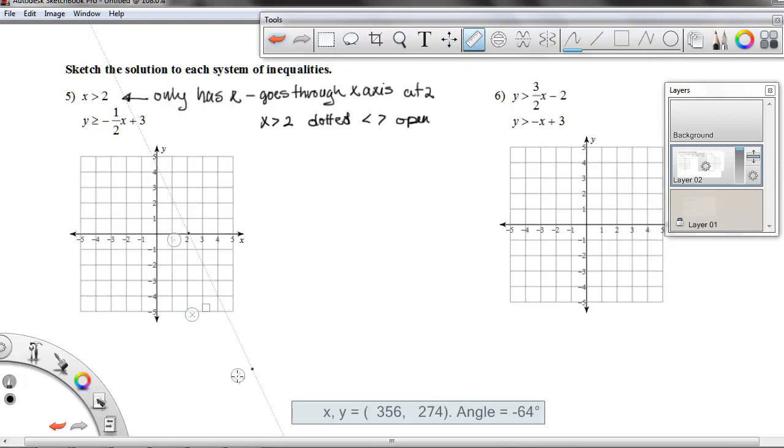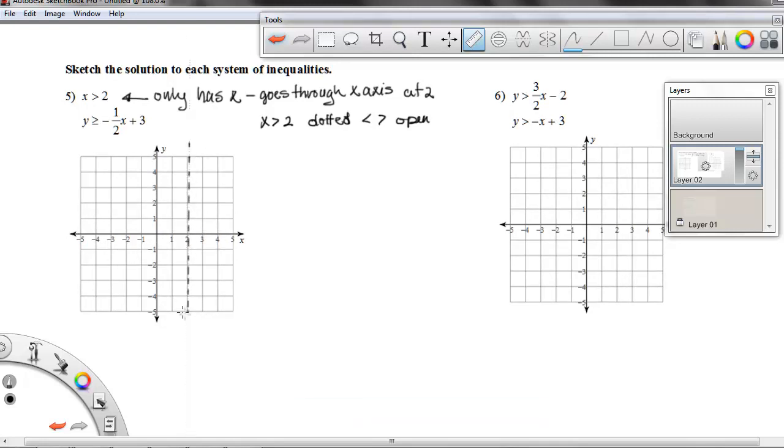Let's go ahead and draw our line at x equals 2. And again, it should be dotted. Greater than on the x-axis will be pointing to the right, so we'll shade to the right.